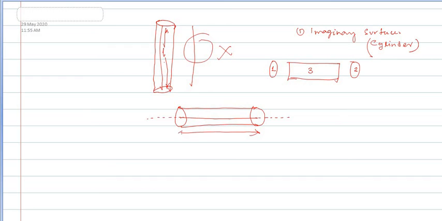We are considering the length is equal to L. Now this is the direction of electric field intensity. Now we should calculate the E and theta. Let E is constant.